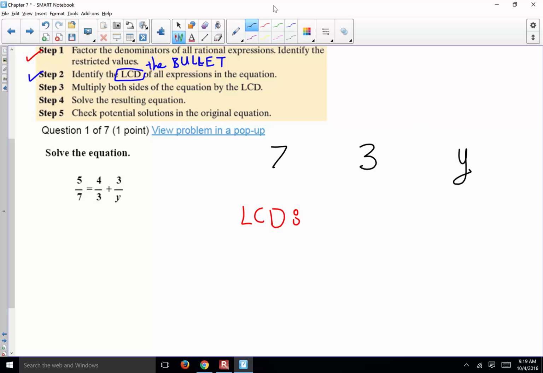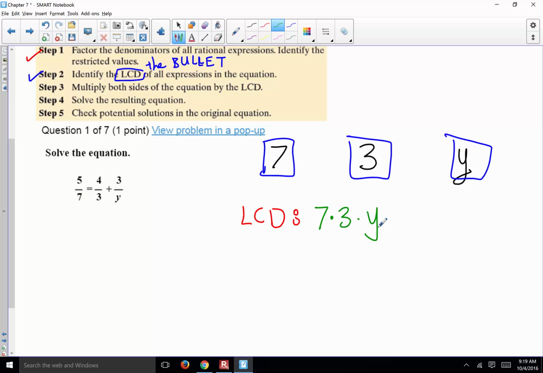So what you do is you pick how many different factors you have. If there are already ones matching, you don't double count them. Only choose the distinct factors. What is distinct? Everything is distinct here. There is no overlapping, right? 7, 3, y. So your LCD, your bullet, is all 3.